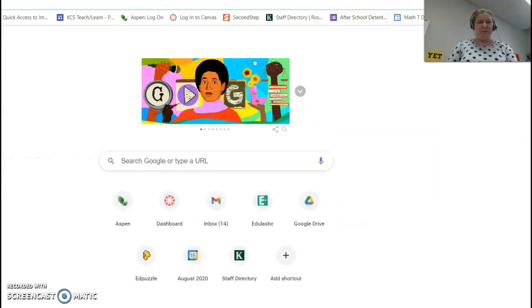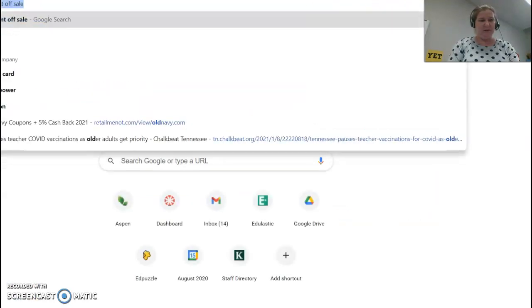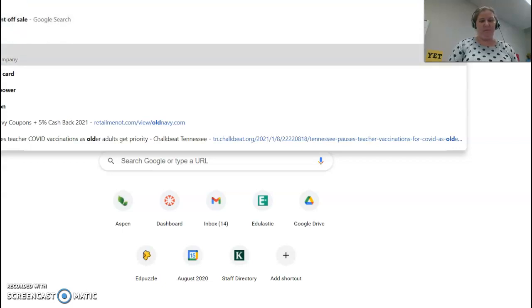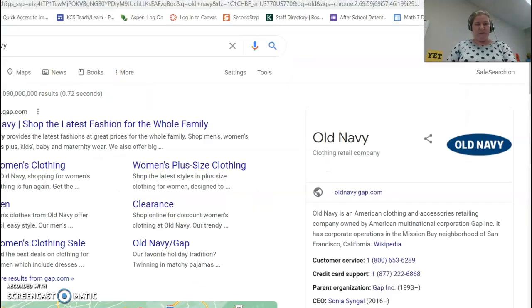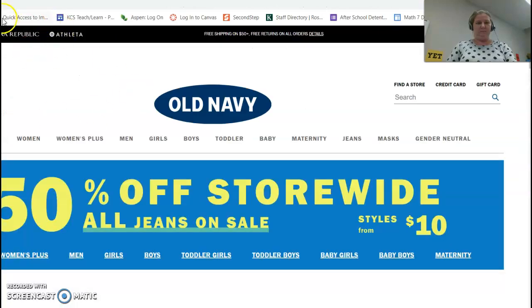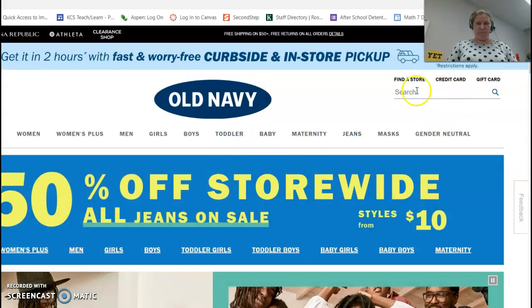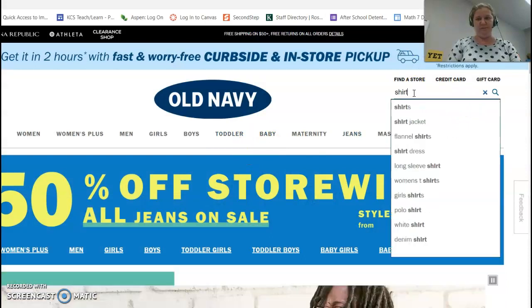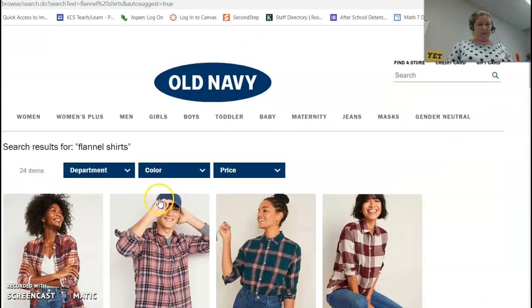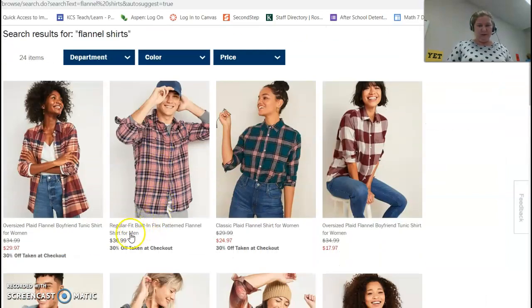So, for example, maybe I'm going to go to Old Navy. Okay, maybe I'm going to look for a shirt. Okay, flannel shirt. Okay, so you can see right here, this one, I would need to go ahead and take a percent off because the price listed is not the sale price.